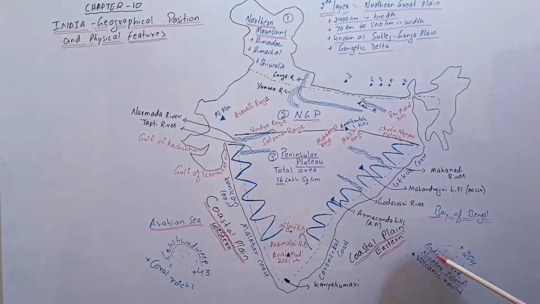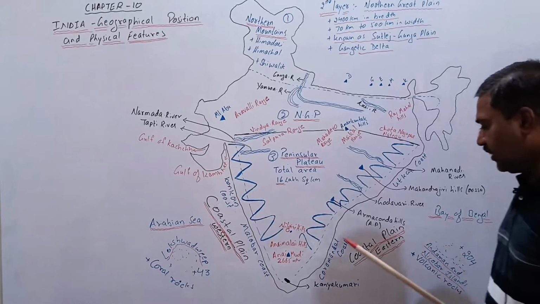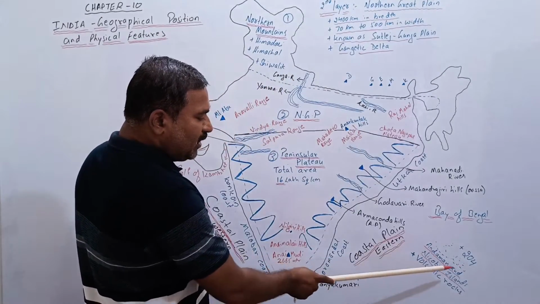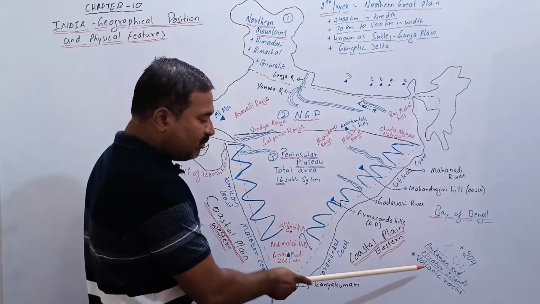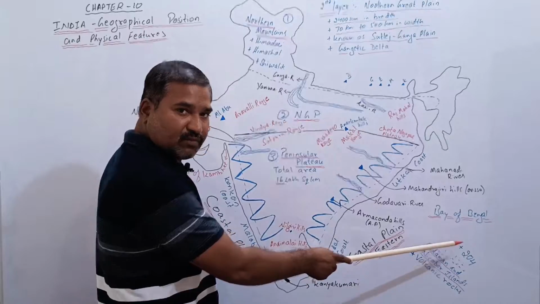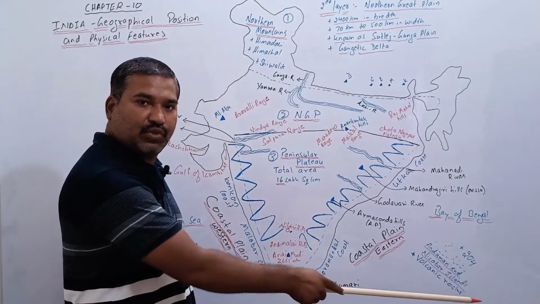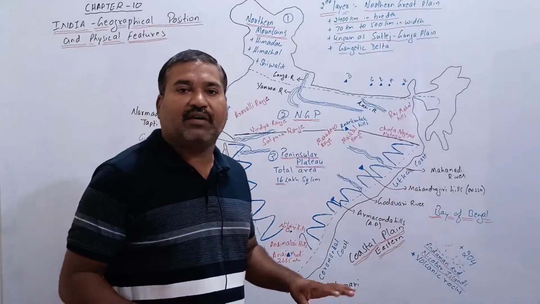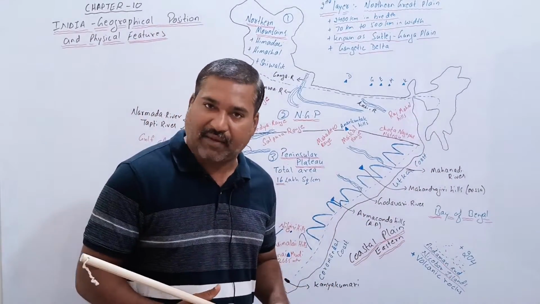Towards the eastern part we see the Andaman and Nicobar Islands, formed of volcanic rocks, with 204 islands. So the total is 204 plus 43, equal to 247 islands.